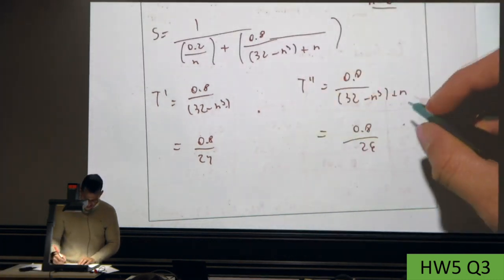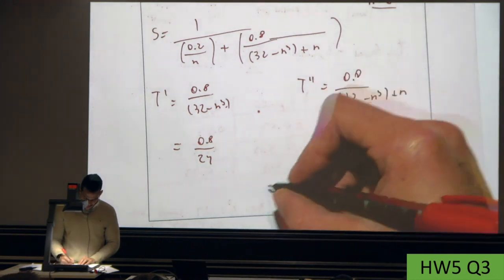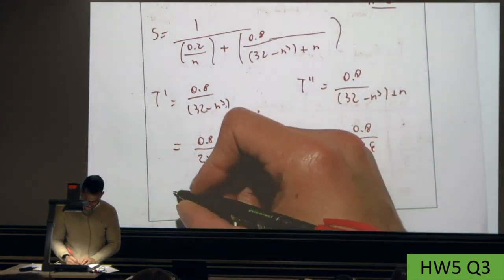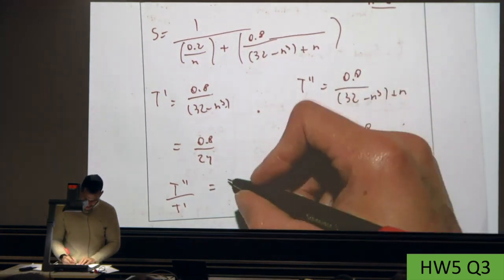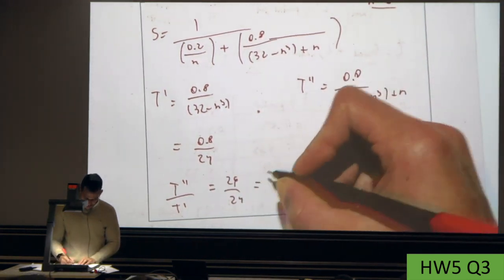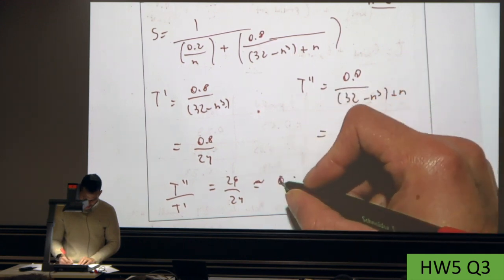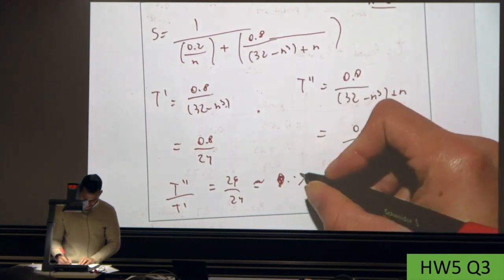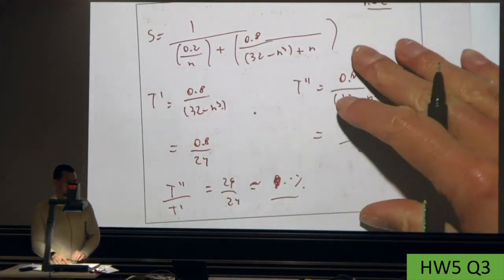The improvement is 1 over the other, which is 26 over 24, and this is going to be 0.8%ish, around this value. Any question here?